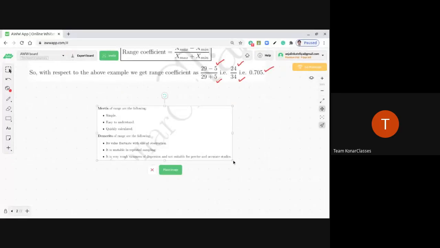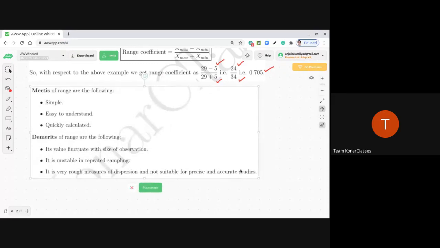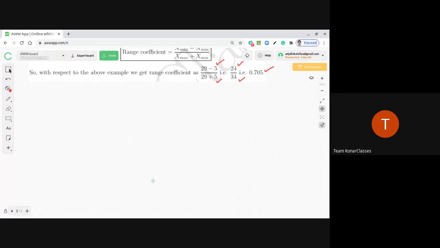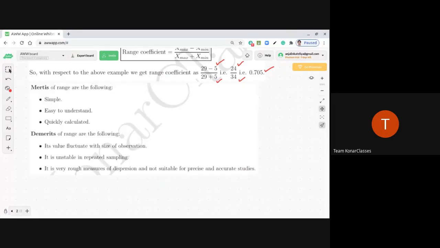As you see on the screen, the merits of range are that it is simple, easy to understand, and quickly calculated. And what are the demerits? Its value fluctuates with the size of observations. It is unstable in repeated sampling. It is a very rough measure of dispersion and not suitable for precise and accurate studies.